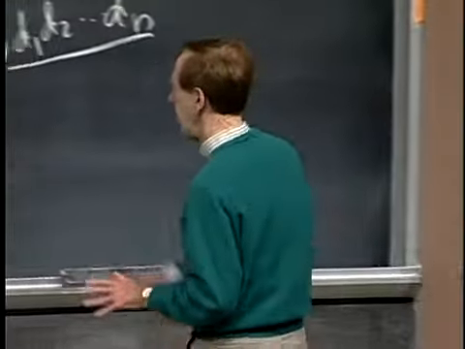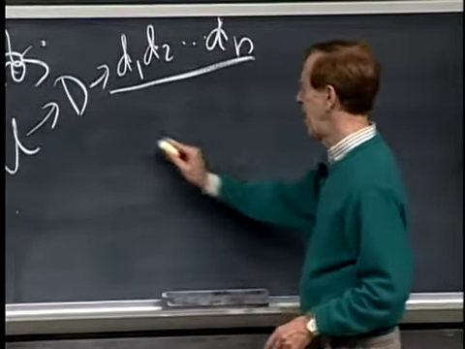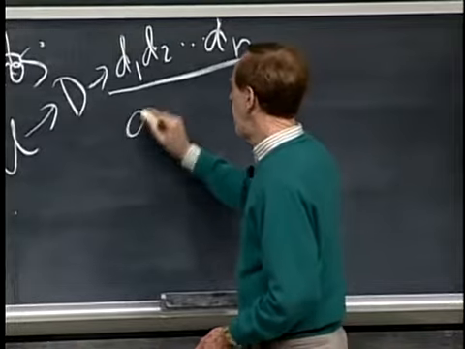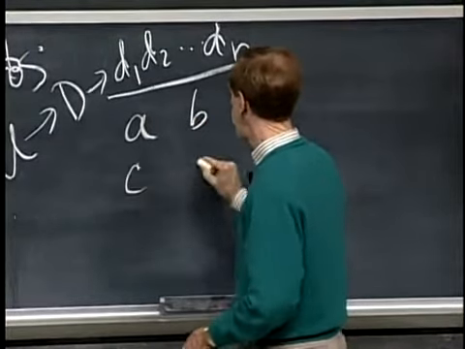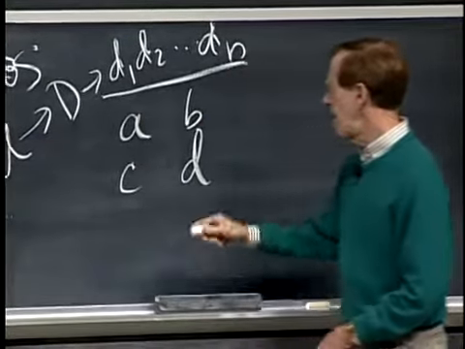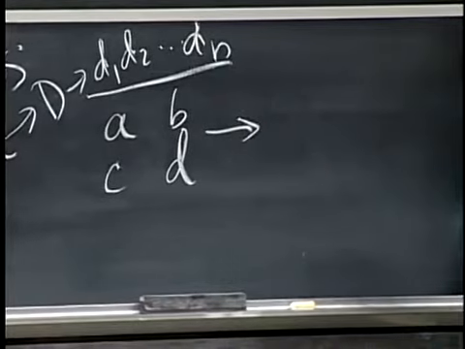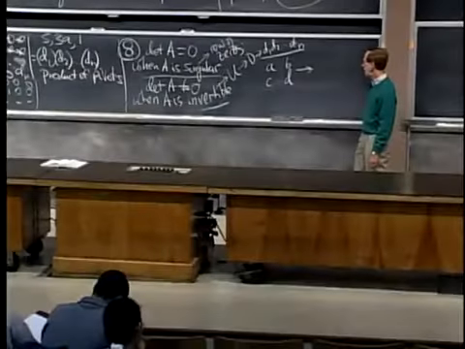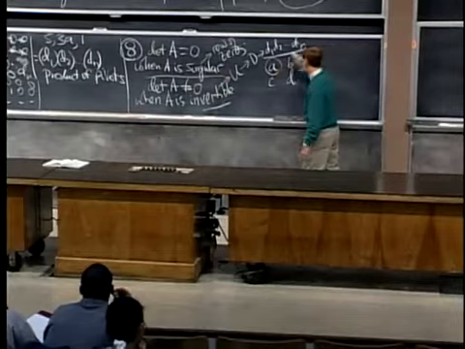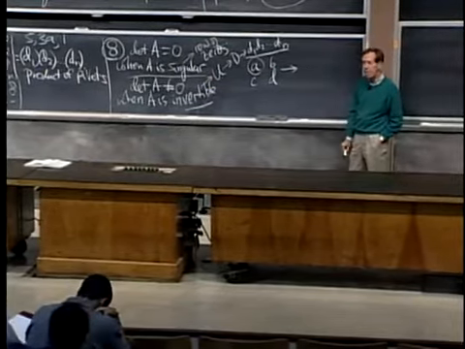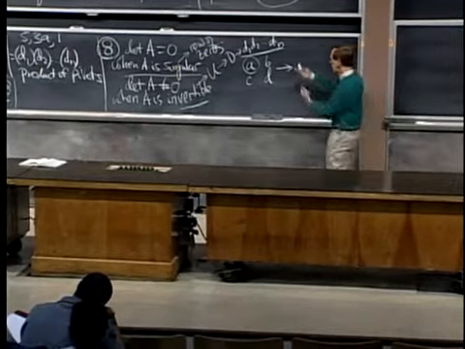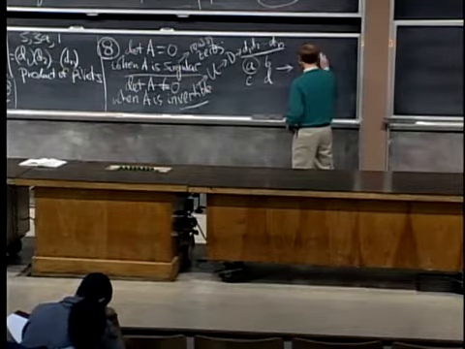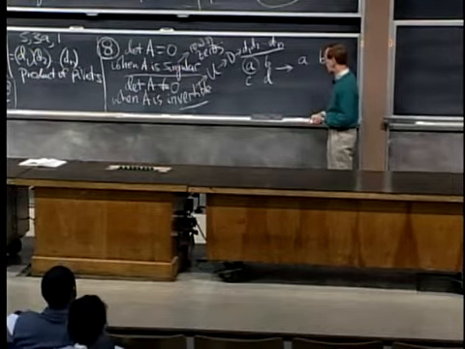Is it correct? Maybe let's just check that. 2 by 2. What are the pivots of a 2 by 2 matrix? What does elimination do with that 2 by 2 matrix? There's the first pivot, fine. What's the second pivot? I'm putting it in its upper triangular form.